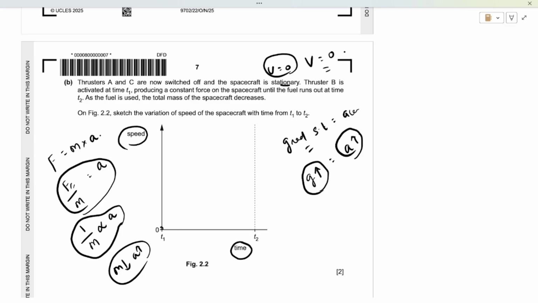Shall we draw a line like this, since the acceleration is increasing, or do we need to draw a curve? Since the gradient is increasing, we need to go for the curve, because the slope is going to increase. So we need to draw a graph like a curve.